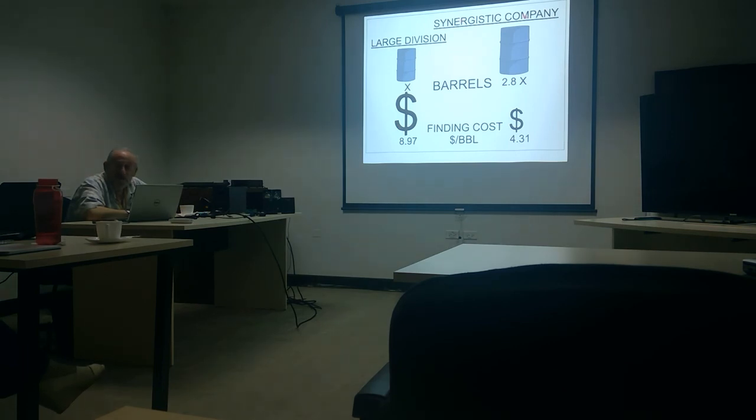Well, the other company, Snyder's little teeny company of 5 or 6 people, went and found during that same time interval 2.8 times the number of barrels that were found by the large division at a finding cost more than half of what the finding cost was with the big company, $4.31.